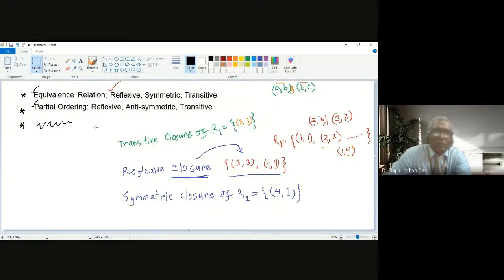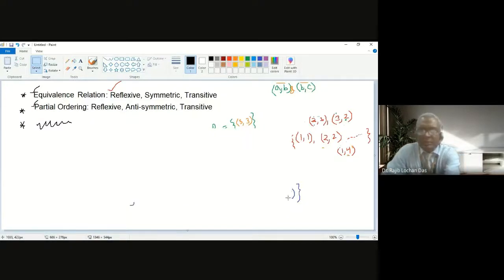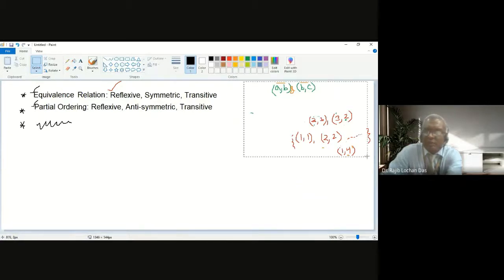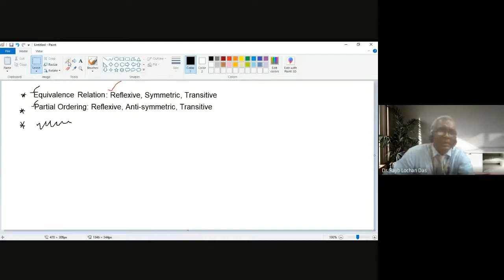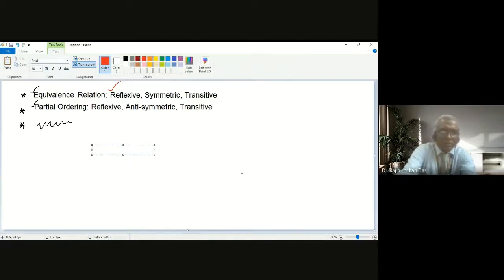So now I give an example of a criteria for an equivalence relation maybe. One term is used sometimes. It is called congruent, say modulo 3 or 4.